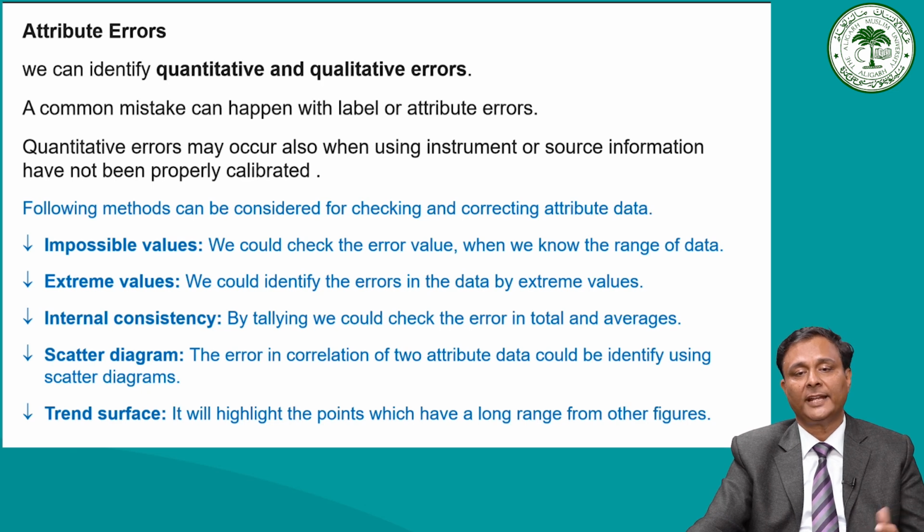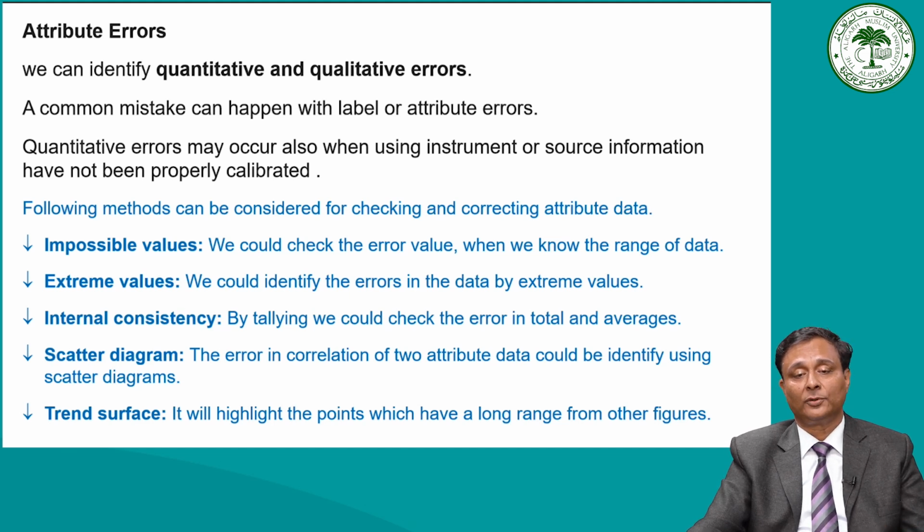So that way we can rectify it. There can be extreme values also. We can again identify errors in data by extreme values. Another can be the inherent internal consistency. By tallying, we could check the error in totals and averages, something like that.